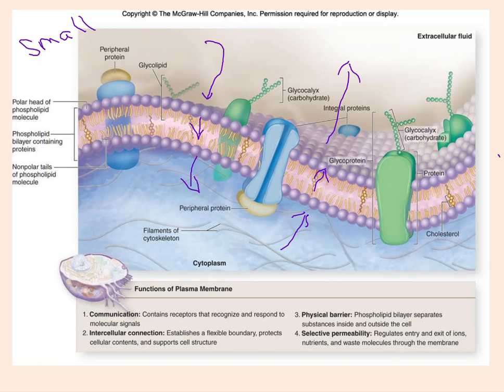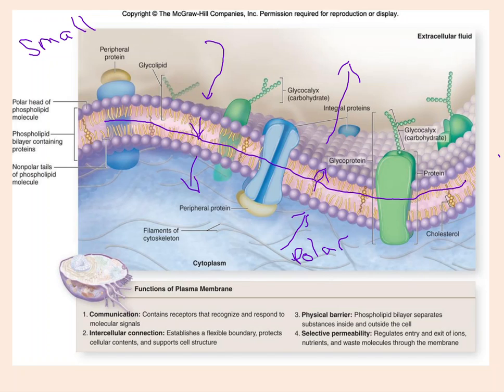The other thing is, because the interior here is hydrophobic, if you are a hydrophilic or polar molecule, then what's going to happen? You'll start coming this way, and then you won't be able to get through because this area here will push you out.